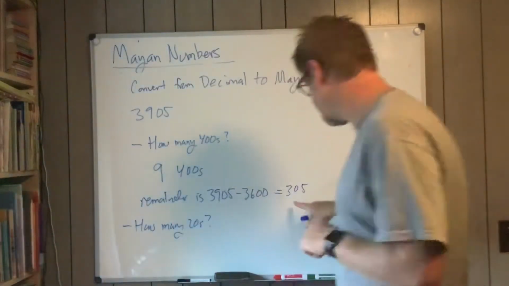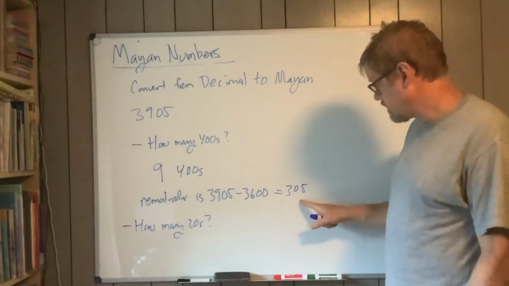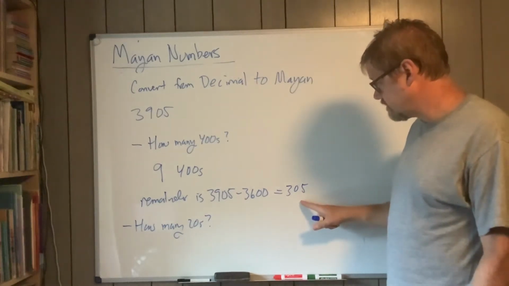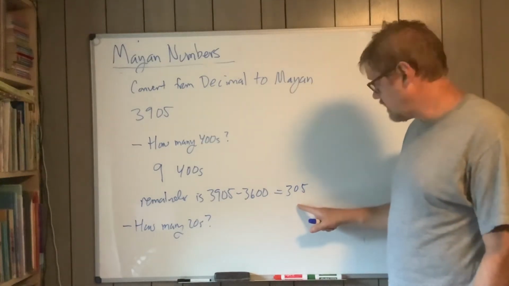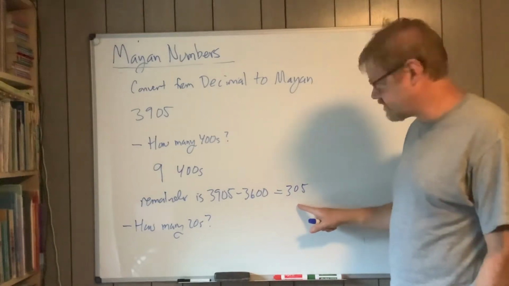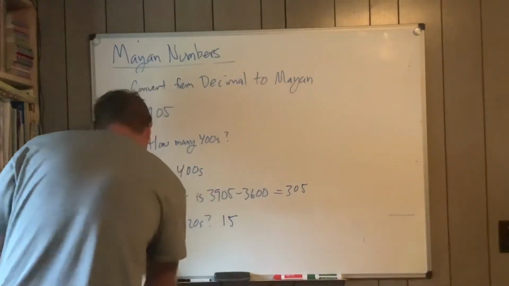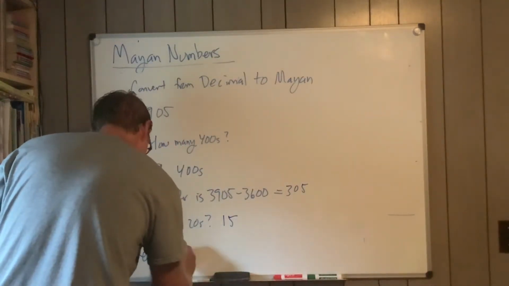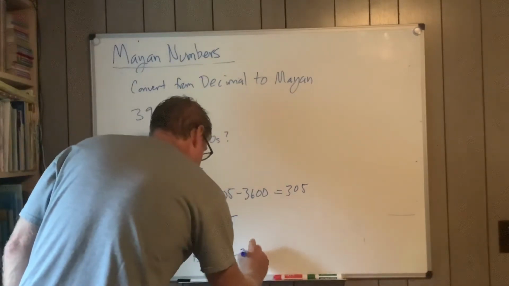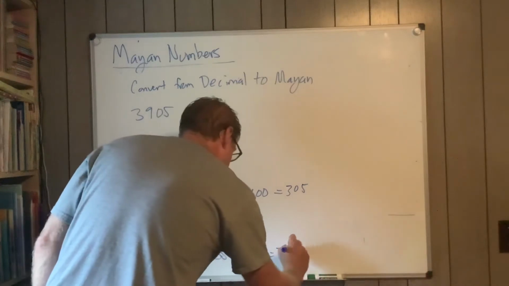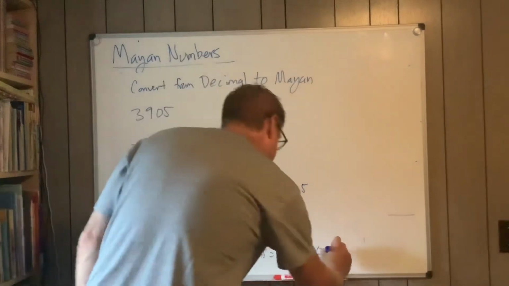How many 20s are there in there? You can do the long division, 20 into that, but hopefully you can see there's 15. 15 times 20 is 300. So there's 15. And the remainder is 305 minus 20 times 15, which is 5.